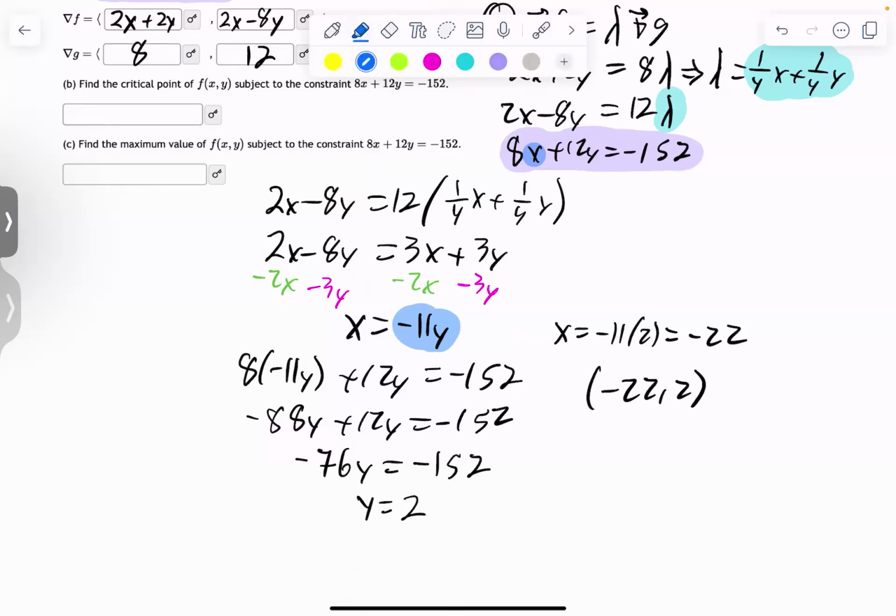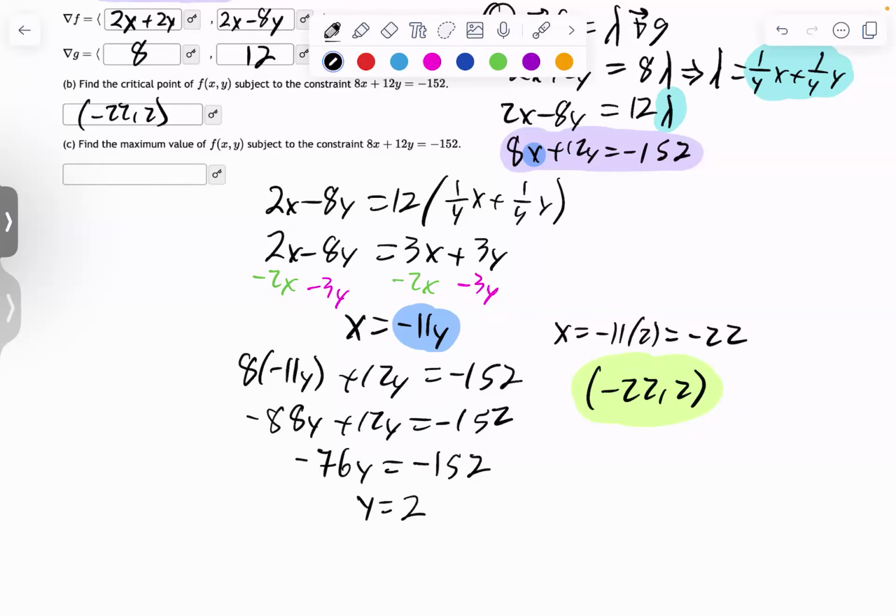So here is my critical point. That goes right here. And it says now find the maximum value given the constraint.